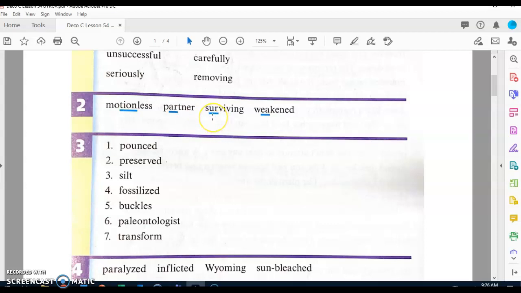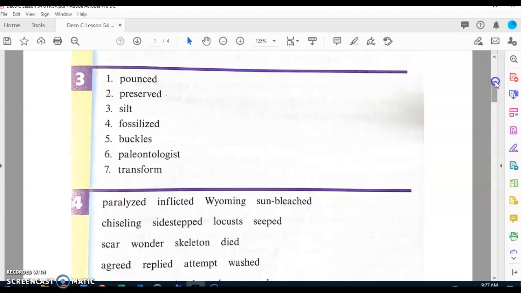Next word. What's the underlined part? What word? Surviving. Next word. What's the underlined part? What word? Weekend.